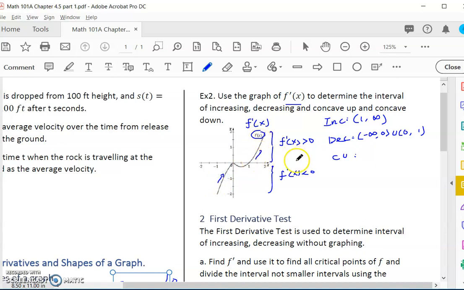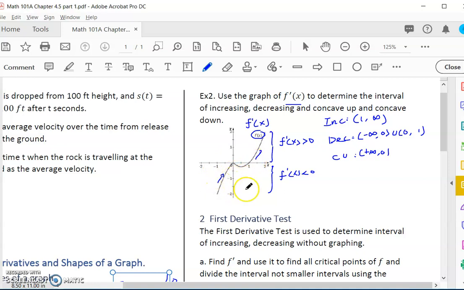So concave up is when you have 0, 1 to infinity. No, did I write this wrong? Increasing negative infinity to 1. No. Okay, it's this one. Negative infinity to 0. That's increasing, those. That means you have concave up.